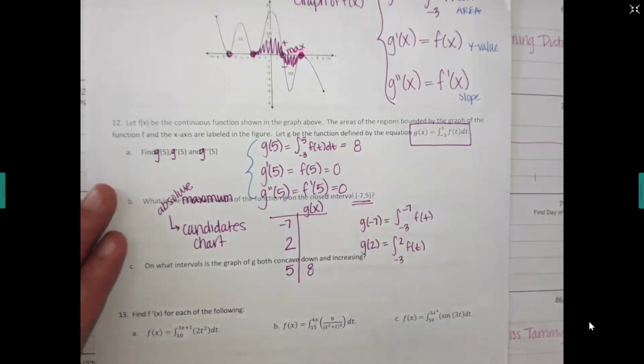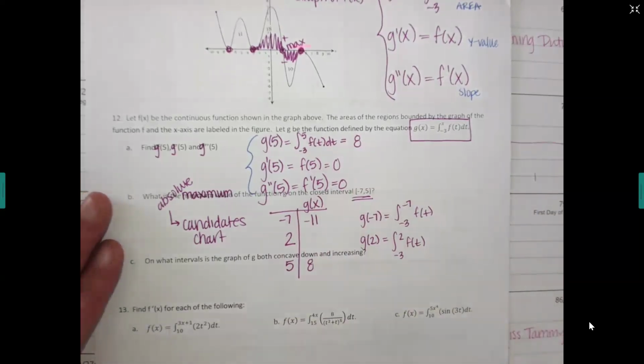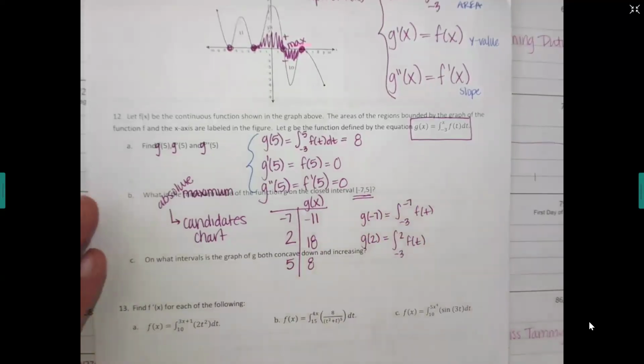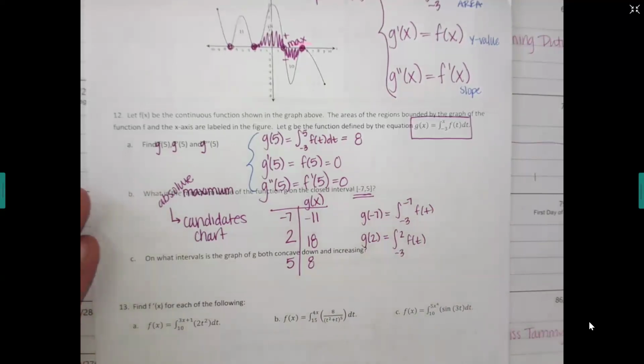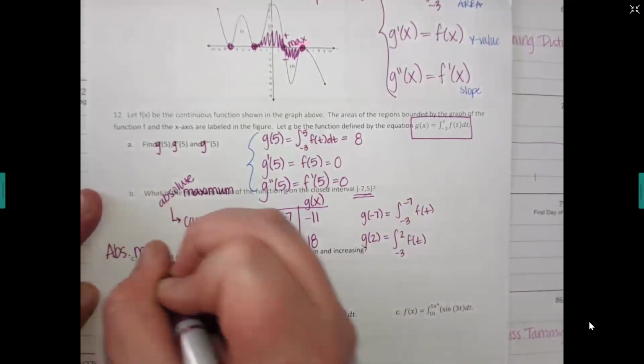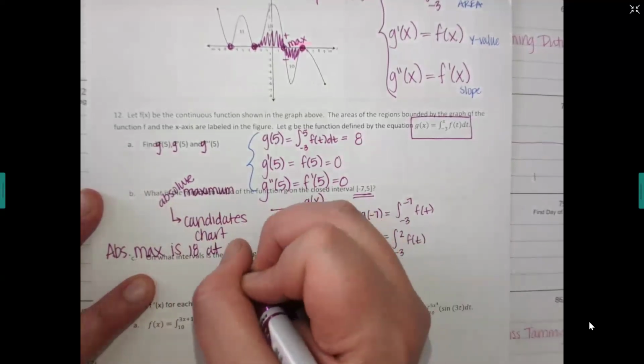No, because the order is backwards. Okay, from -3 to 2, that'd be from here to here. I'm trapping 18 units of area. Will it be positive or negative? Positive. And then out of those 3 Y values, which one is the biggest for the maximum? 18. So I'm going to put the absolute max is 18, and it occurs at x equals 2.